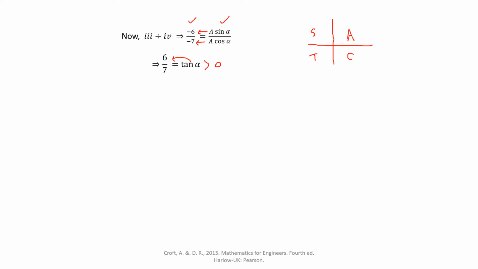So these two are negative. Here all are positive, so this is not the situation. Here sine is positive, but this tells us it is wrong. Here cos is positive, so it is not this quadrant.